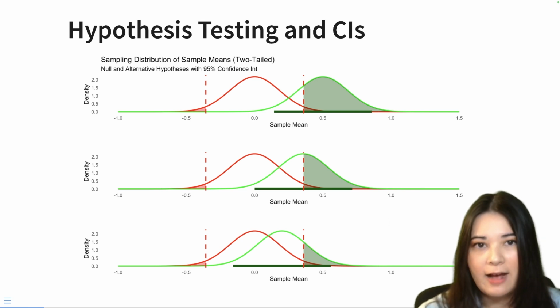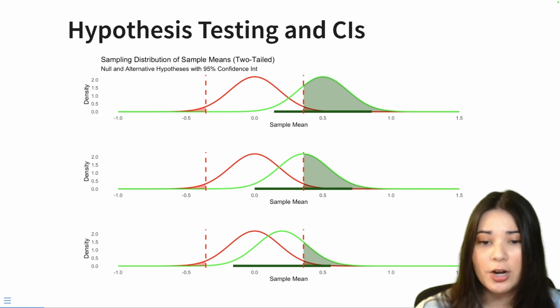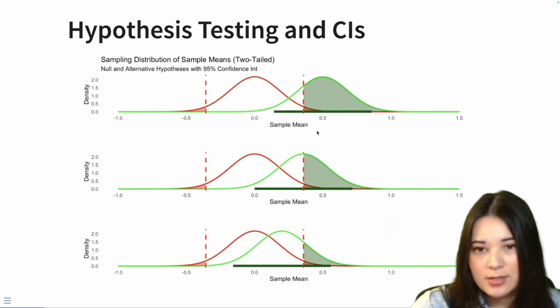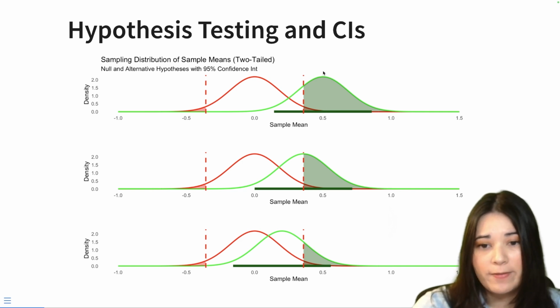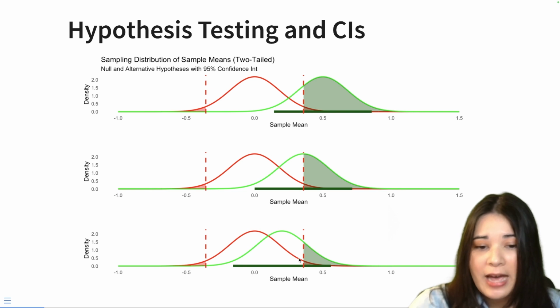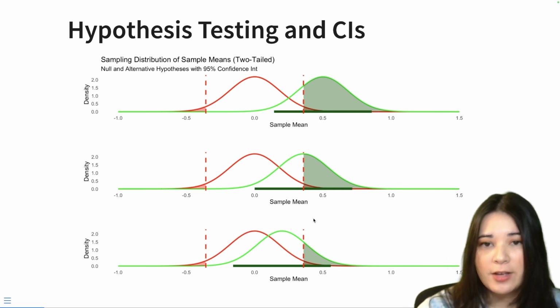Well, here I have multiple versions of that chart, and the only difference is where the actual average effect is. Here you can see that for the alternative distribution, we have an effect around 0.5. Here we have an effect around 0.3, and here we have an effect around 0.2. Now, what I've added to the charts is the 95% confidence interval.